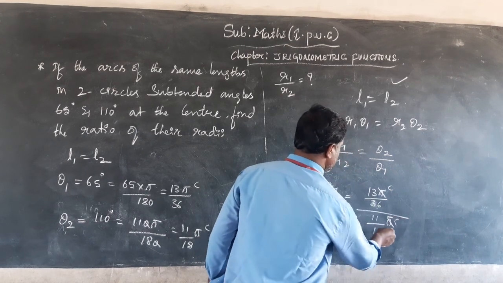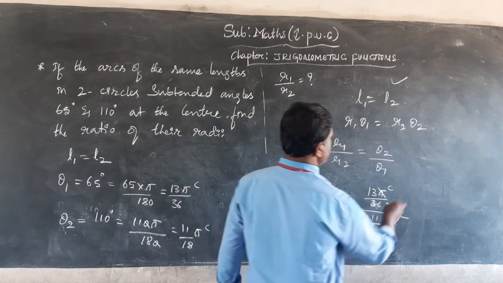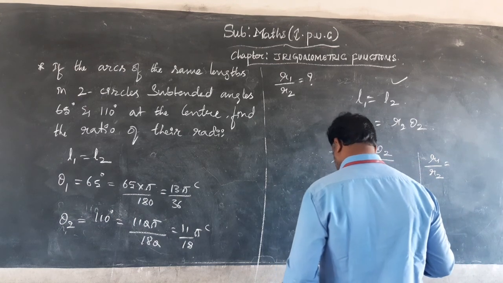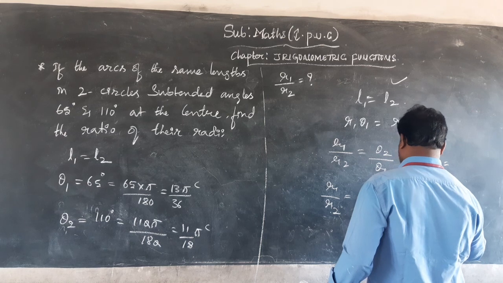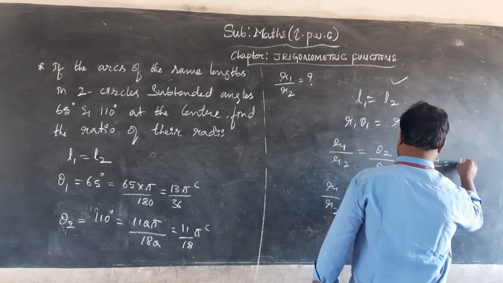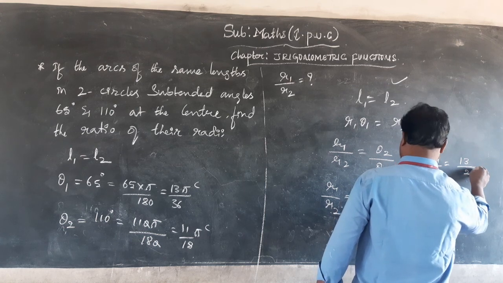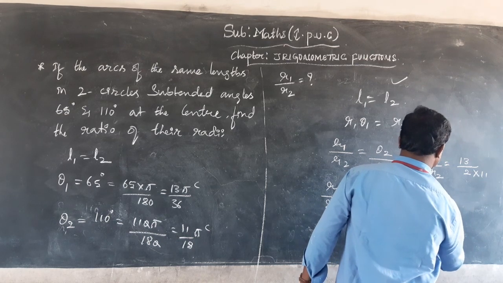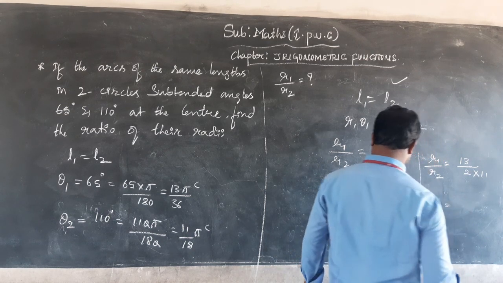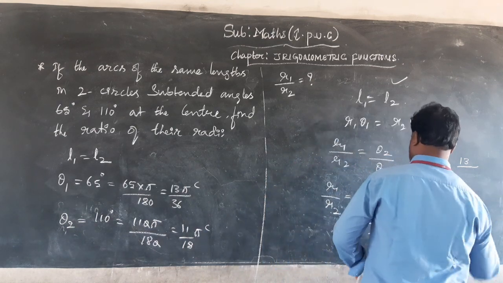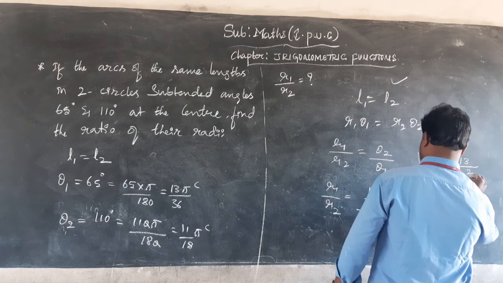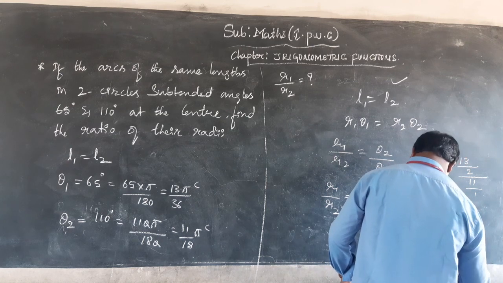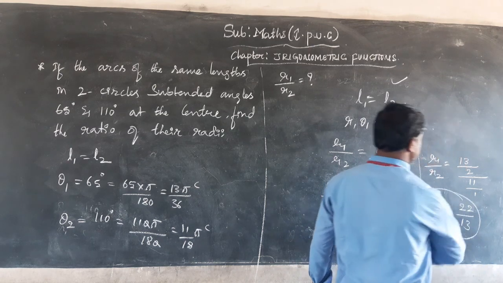Pi gets cancelled. 18 ones are 18, 18 twos are 36, so you will get the answer: R1 by R2 equals 13 by 2 whole divided by 11 by 1, that is 13 divided by 22. So this is what we call the answer.